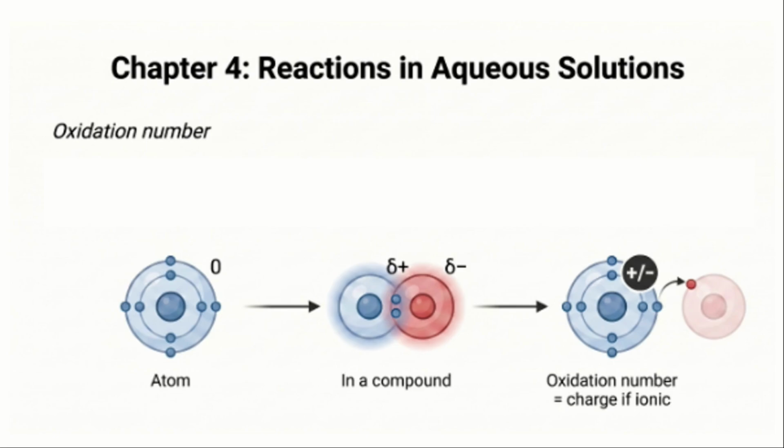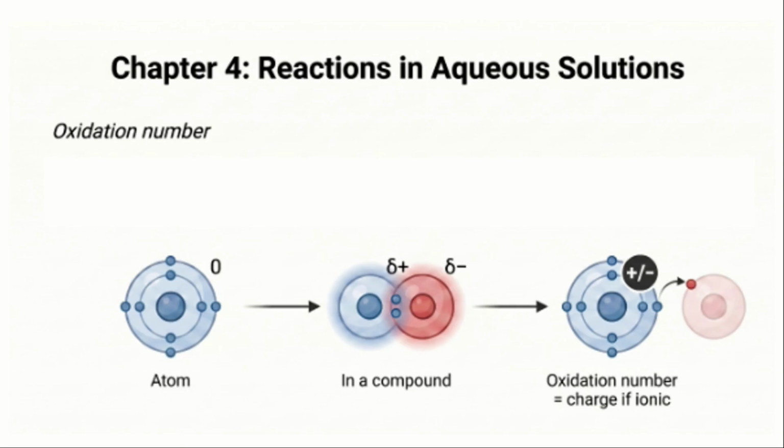Okay, here we have a definition which is called the oxidation number. What's that? To keep track of electrons in redox reactions, it is useful to assign oxidation numbers to the reactants and products.